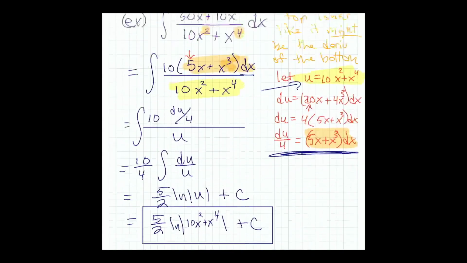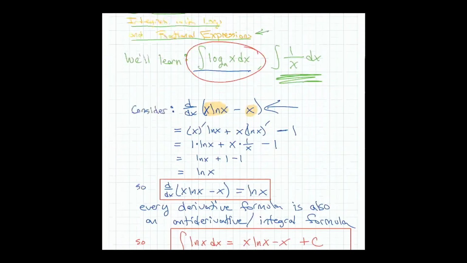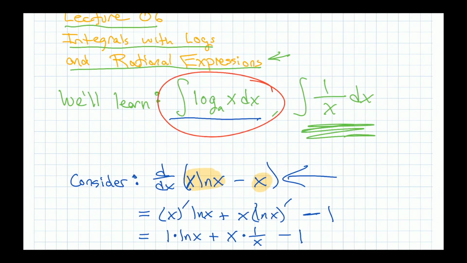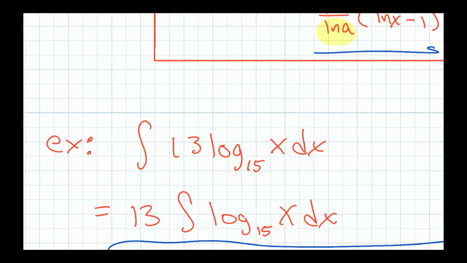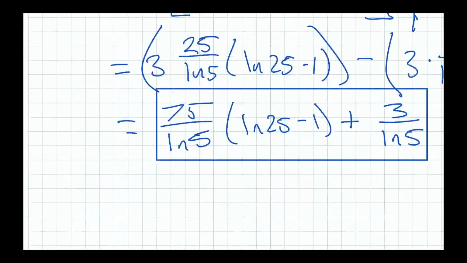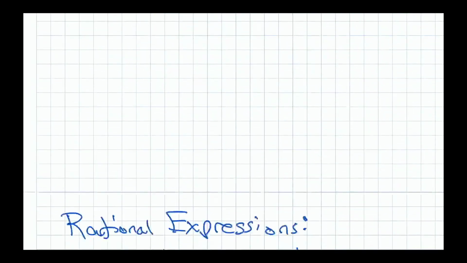So, summary, what are we doing here? Basically, you just need to be able to do definite integrals with both of these types of integrals, right? So we should be able to do an integral of a logarithm. We should be able to do a definite integral of a logarithm.